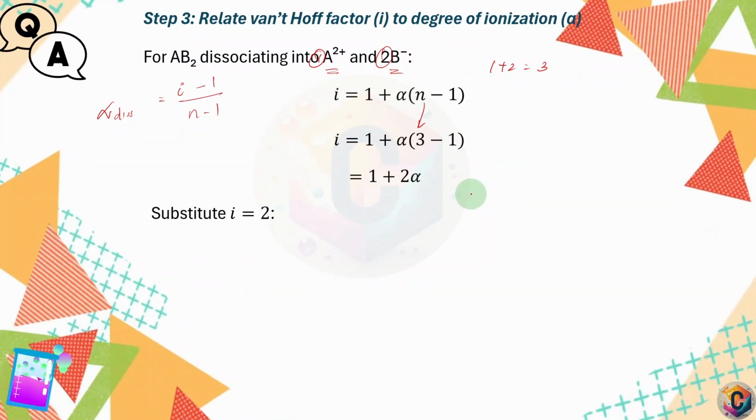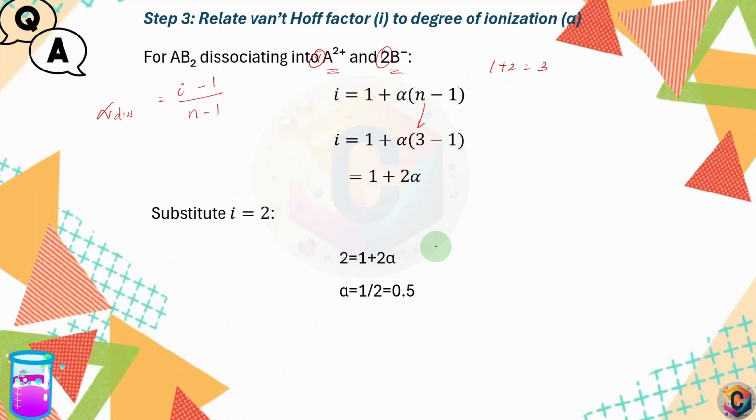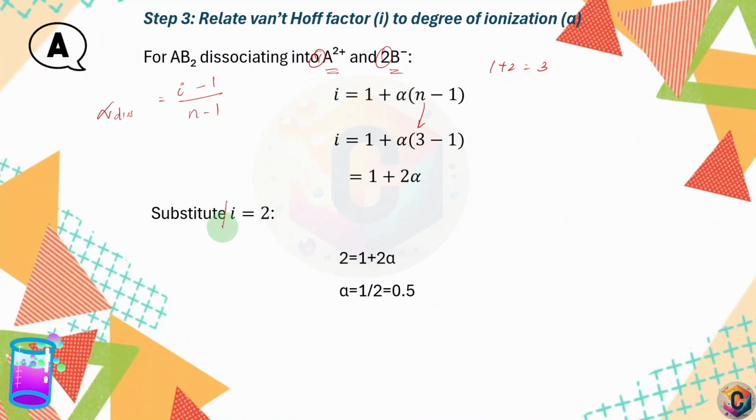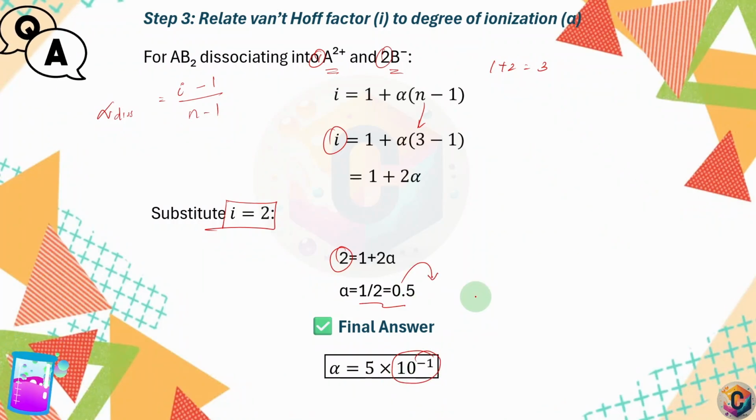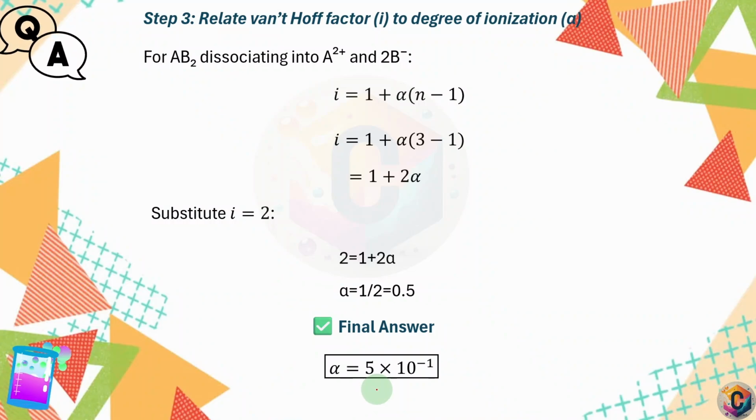When you simplify this, you get 1 plus 2 alpha. In the last step we calculated the value of i to be 2, so I substitute the value 2 for i, and by rearranging I calculate the alpha value to be 0.5. But the answer has to be expressed in terms of 10 power minus 1. So if you move the decimal point to the right side, I will be getting 10 power minus 1. So the answer is 5 into 10 power minus 1.